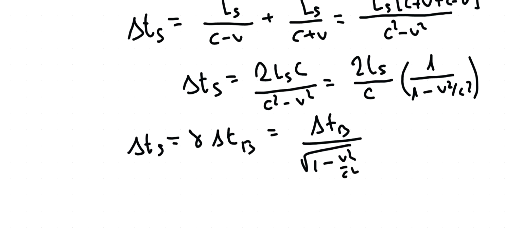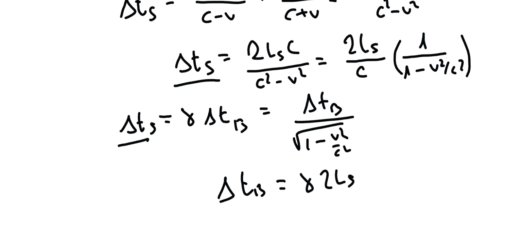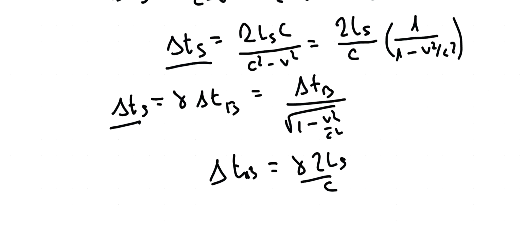So if delta Ts is gamma delta Tb, I'm going to substitute for delta Ts from this equation, and I see that I can cancel a 1 minus v squared over c squared. So delta Tb is gamma 2ls divided by c.